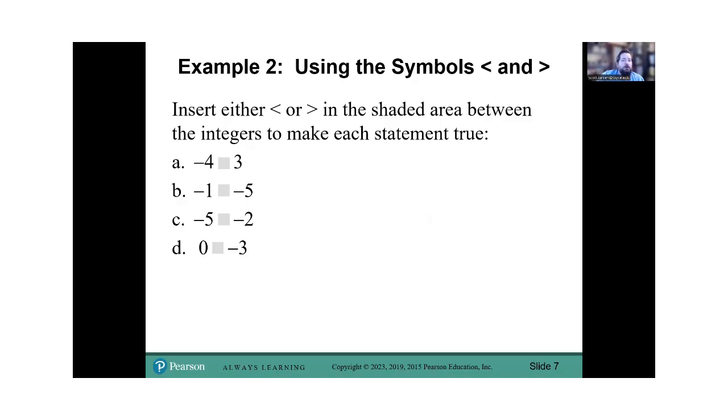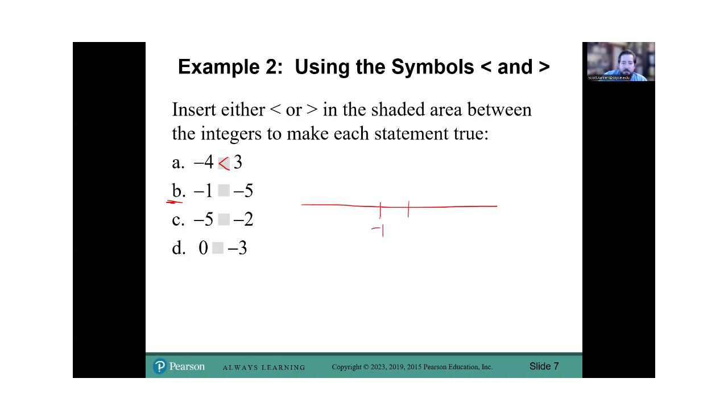So if we were to try a few of these, we can say, is -4 less than or greater than -3? Well, -3 is the greater number, so -4 is less than -3 because it is to the left of it on a number line. Likewise, for the second one, -1 is to the right. If you're not sure, plot it out.